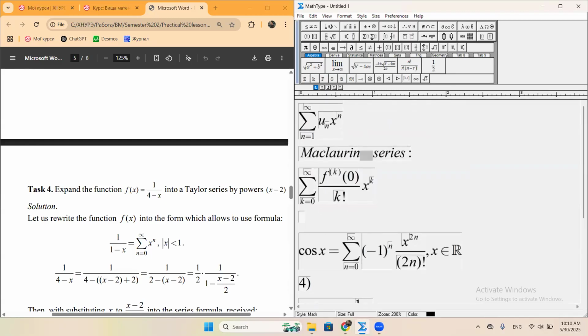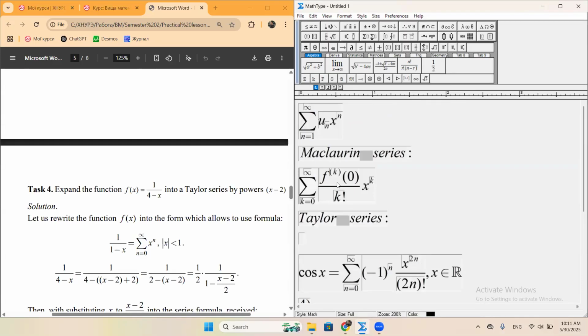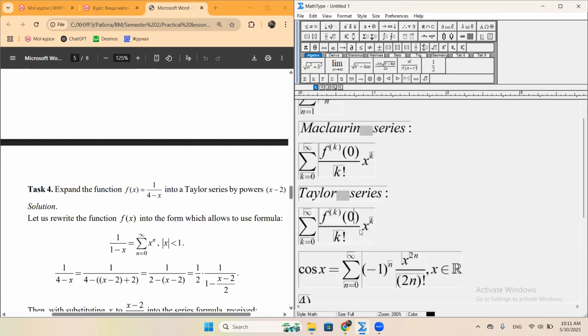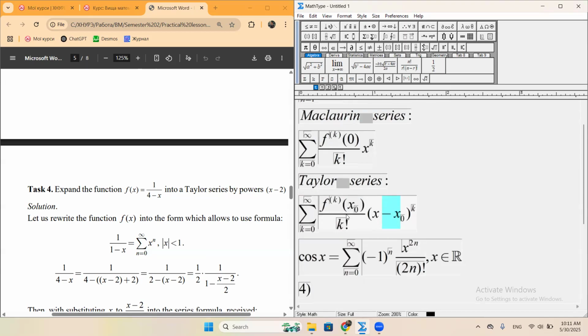So how does the Taylor series look? We expand by powers at any point x0, and it's written as x minus x0 to the power of k. And here there will be not 0, but x0. If I substitute 0 here, I receive the Maclaurin series. So Maclaurin is the partial case.